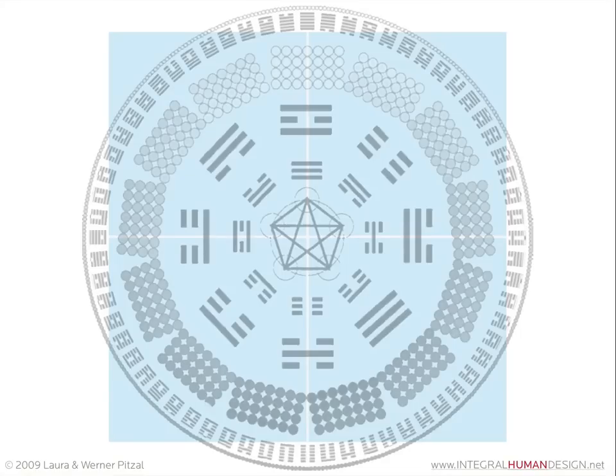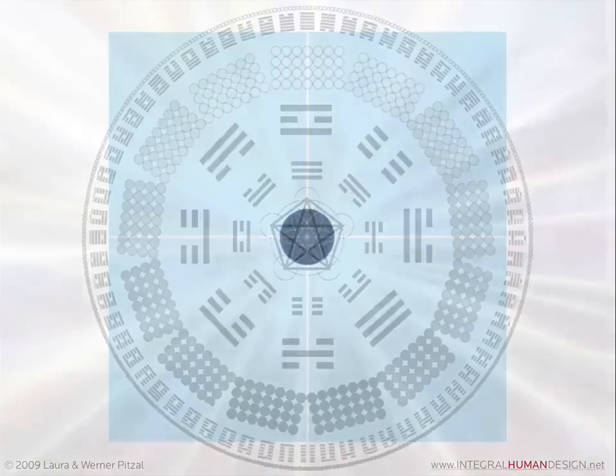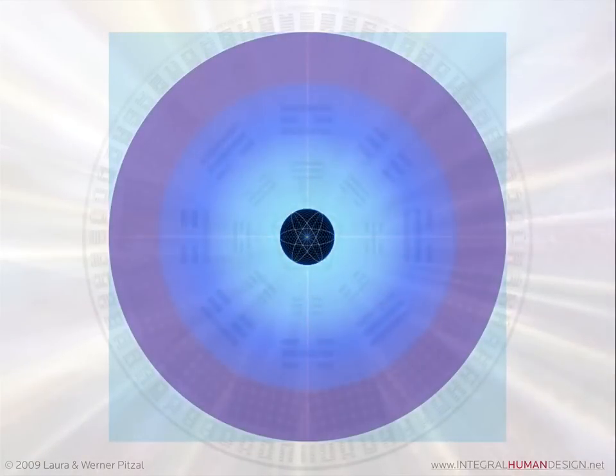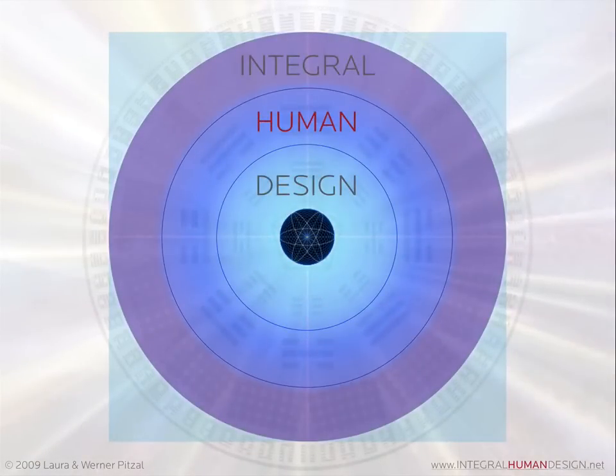And we do this to provide easier access to the essence that's symbolized with this beautiful blue dot in the middle of the drawing. And we'll take you through elements of integral human design now.